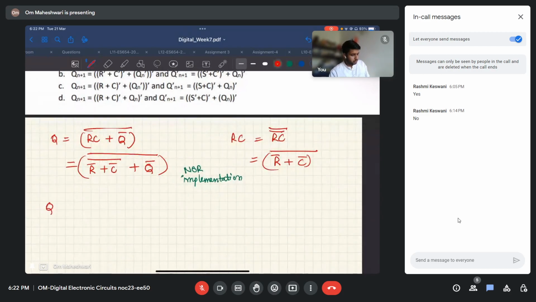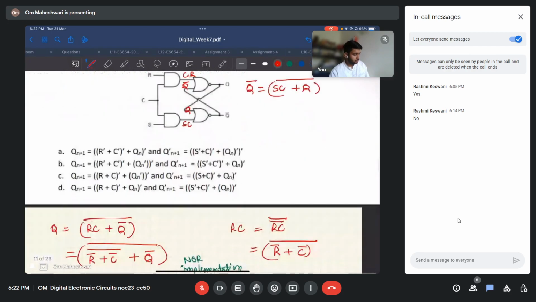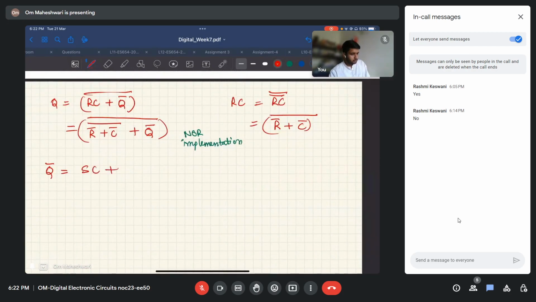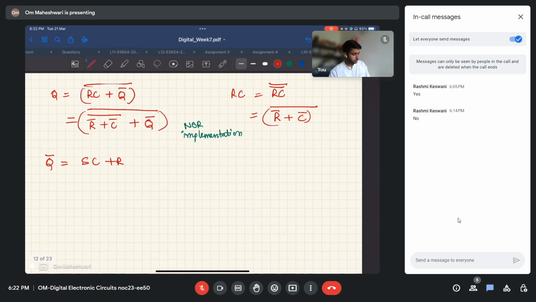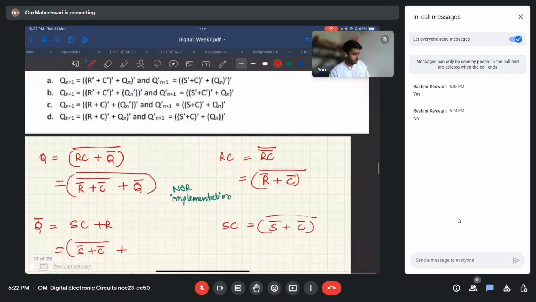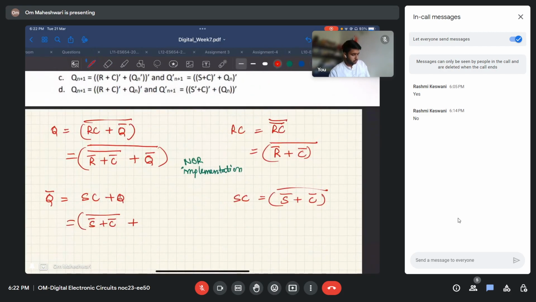Similarly, we'll write for Q bar. Q bar we had SC plus Q, right? We will do the same thing for this. SC we can write as S bar plus C bar whole bar. It's not R, instead of R we'll write what? SC plus Q, sorry.